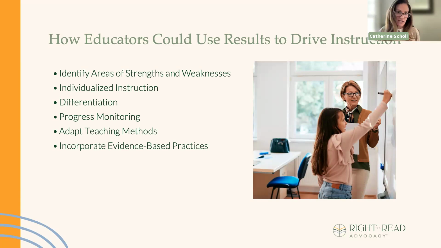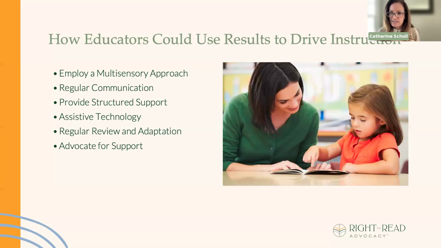So it's differentiating the instruction, not only how we present the skills, but also what the skill is, how we present the skill on paper. So that's what that is. A lot of times the results are going to drive instruction in the fact that they will need a multi-sensory approach.